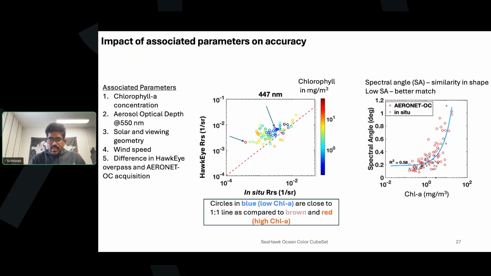So this indicates that there is a good match in shape between Hawkeye and the in situ data in low chlorophyll waters. And as the chlorophyll concentration increases, the shapes vary. So this confirms our suspicion that the Hawkeye's products are more accurate in low chlorophyll, and we might need a different method in high chlorophyll waters.